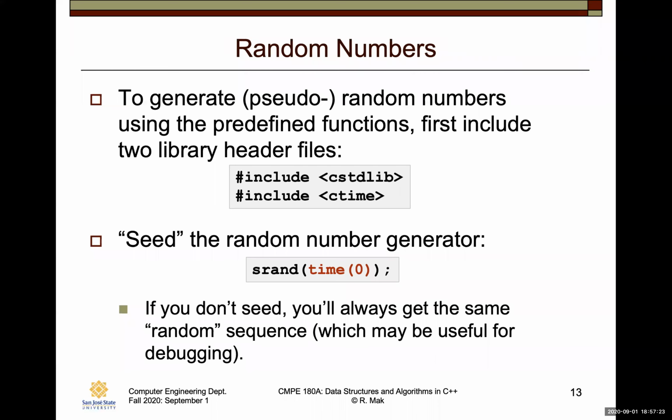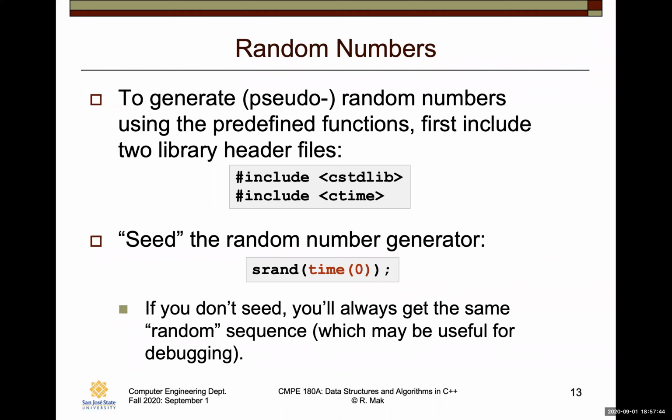Now, why would you want to give it the same seed every time, and therefore your program gets the same sequence of random numbers? Well, let's say your program has a bug, and you run your program, and then something bad happens, and you're trying to track down what that bug is.